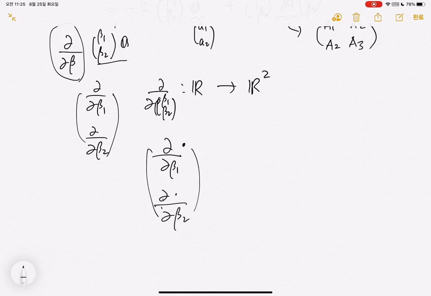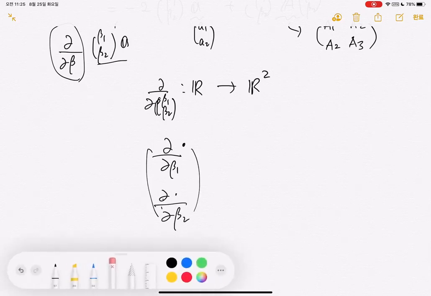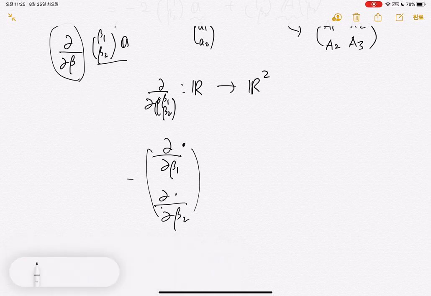We are going to write this one as if it's just a vector. So it's a definition. And let's do the first element.